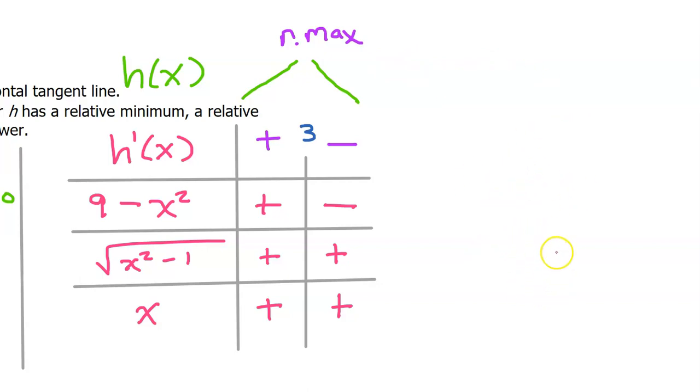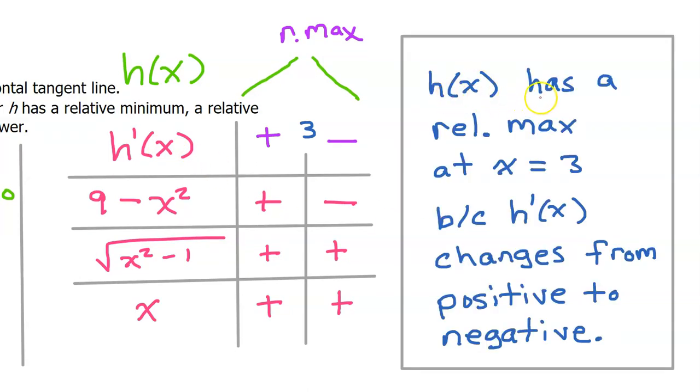But when you write your justification, do not mention the original function h. We are going to justify using the first derivative test, so make sure you are only using the first derivative in your justification. H of x has a relative max at x equals 3 because h prime changes from positive to negative.